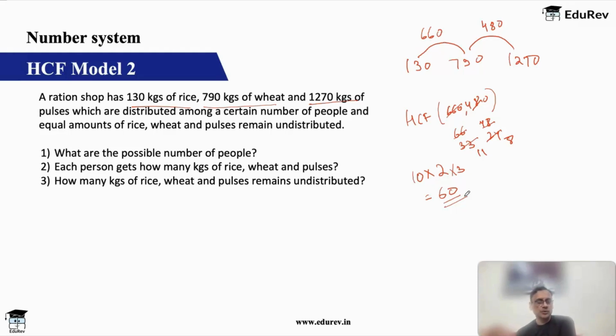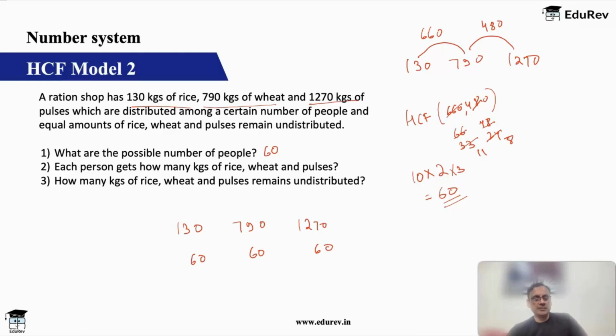Okay. So to answer the first question, what are the possible number of people? 60 is one. But remember, it can be factors of 60 also, which we'll look at in a bit. Now, if there are 60 people, 130, 790 and 1270 are being distributed among 60 people.